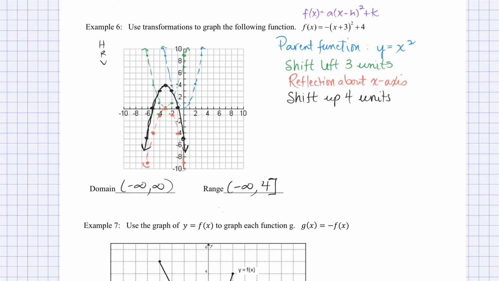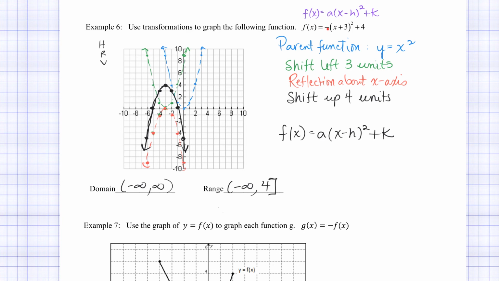Okay, so now I want to talk a little bit about this standard form. When I have a quadratic function written in standard form, the a is still telling me whether the function opens up or down.